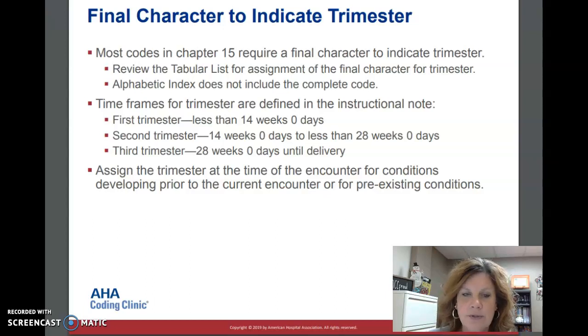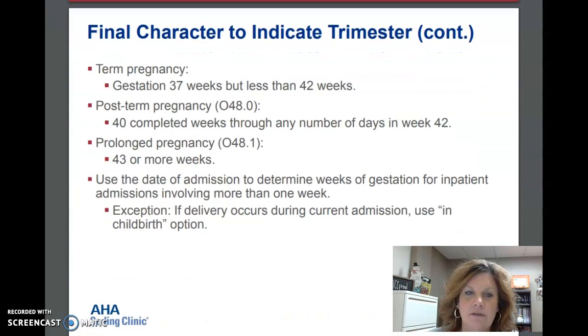So if they come in and deliver in the second trimester, we have to make sure we use those characters to distinguish that. For a doctor's office, we also need the same characters to show what trimester the patient is in.